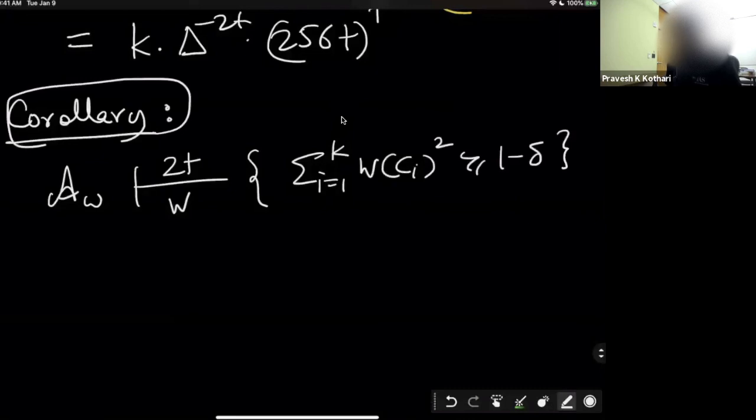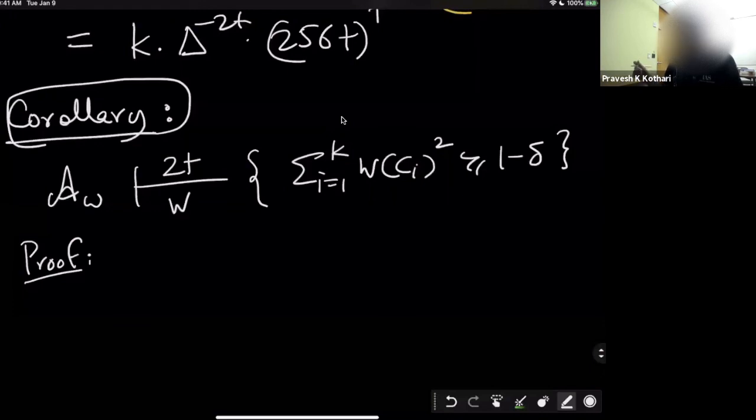Okay. So what we are going to use is that the proof of this corollary is basically observing that the steps we did in the actual proof that we just went through, each of those steps was actually a sum of squares inequality. As in, each step involved an inequality which was true with a sum of squares proof of degree at most 2t.